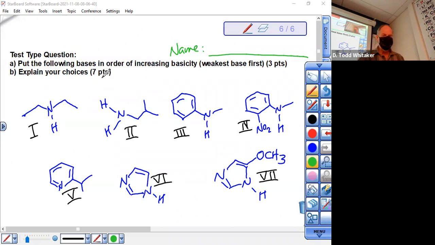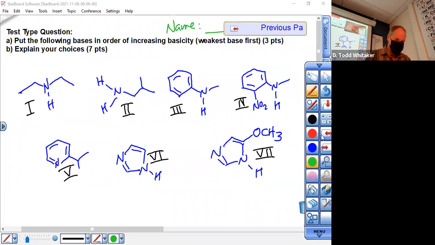So when you do amine basicity, the best amines for basicity are alkyl amines. That is to say they have carbon groups attached that are not aromatic, and they're not acyl groups either. And with that in mind, I'm going to add one more molecule. I apologize. Just so you're not tempted to think amides are strong bases, I'm going to add molecule 8.